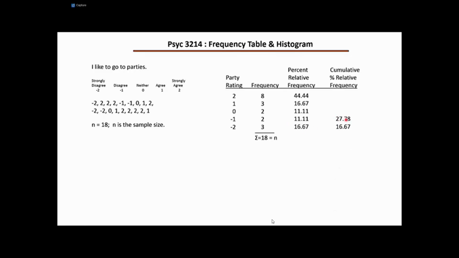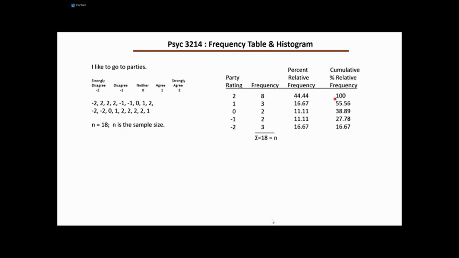Now we take the 27.78 and we're going to add 11.11 to that again. So 27.78 plus 11.11 gives us 38.89. So we see the value there, and now we add that to 16.67 and then 55.56 to 44.44, and there is our 100%.